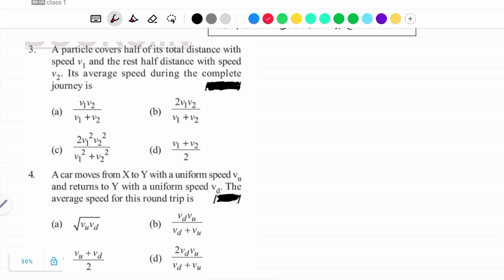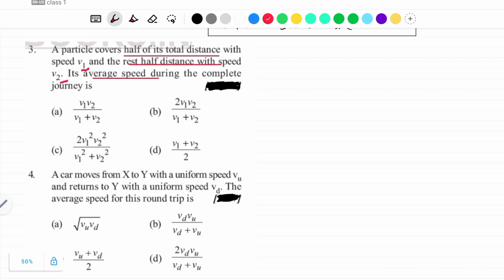The first question says a particle covers half of the total distance with speed v1 and the rest half distance with speed v2. They are asking us to find the average speed.